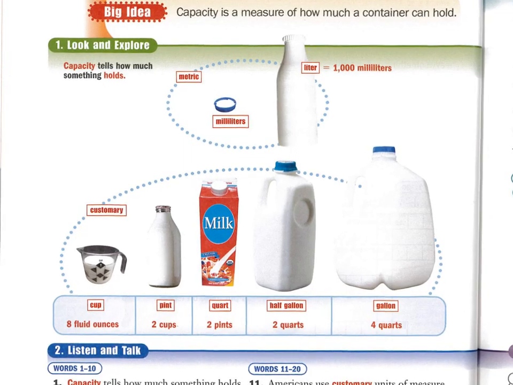We have our metric system, with milliliters and liters. A liter is 1,000 milliliters, and a milliliter is 1/1000th liter.